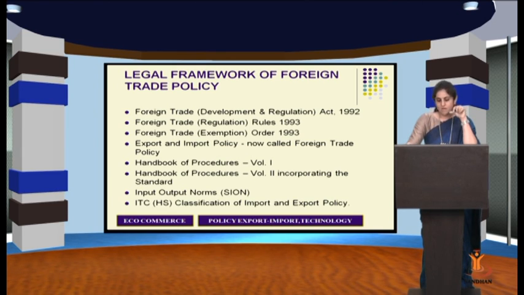Even Rule 5 of this Foreign Trade Regulation Rules 93 specified the scale of fees to be paid towards the application for license, and even the categories which are exempted from the payment of fees.